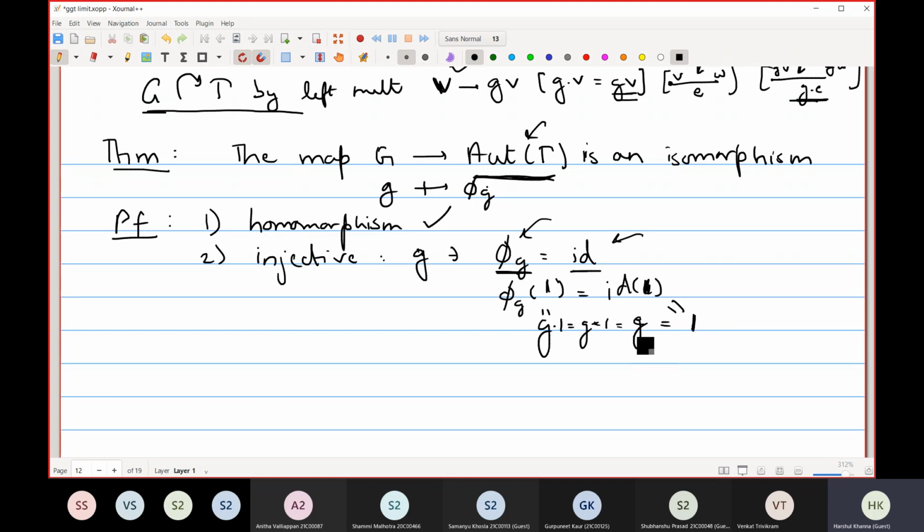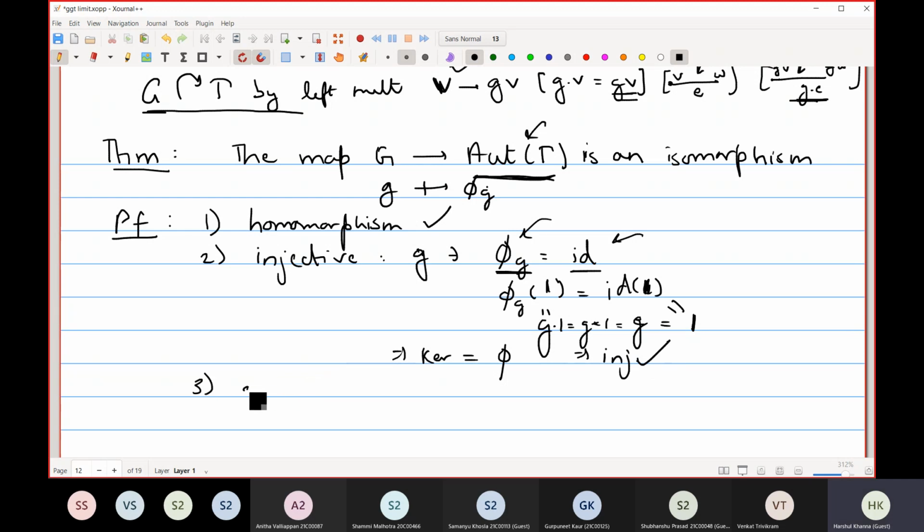So that implies G is equal to the identity element. So that means the kernel is trivial. No non-trivial element fixes all the elements. Hence the kernel is trivial. That implies injectivity.